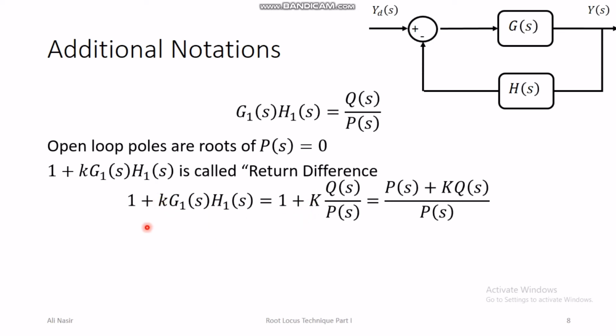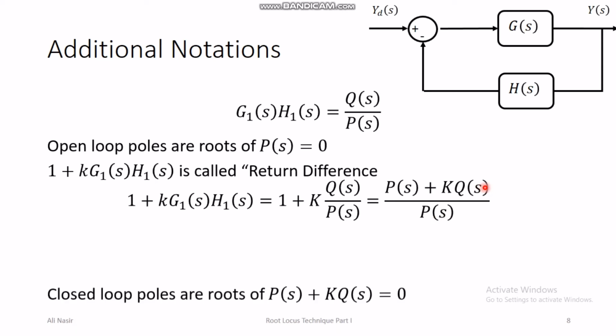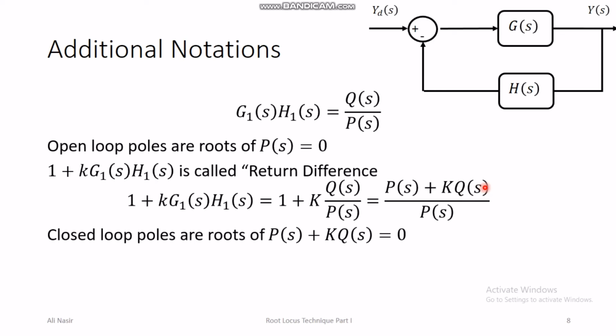So 1 plus K times G1(s)H1(s) is equal to 1 plus K times Q over P, since G1(s)H1(s) is equal to Q over P. We take P as an LCM. When we take P as an LCM, it becomes P(s) plus K times Q(s) divided by P(s). And this basically gives us that the closed loop poles are the roots of P(s) plus K times Q(s) equals 0.